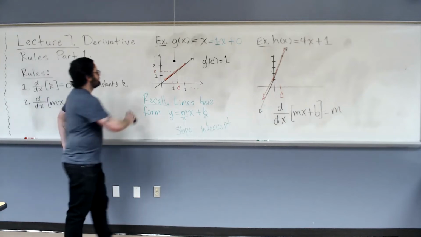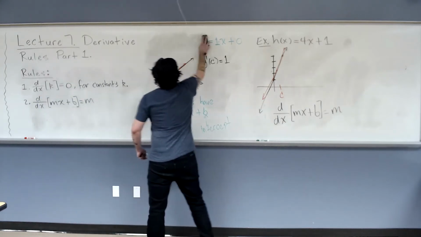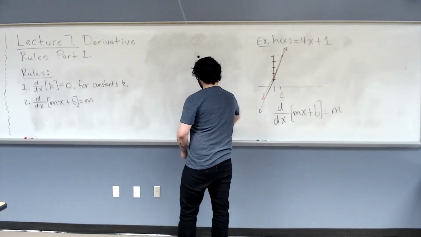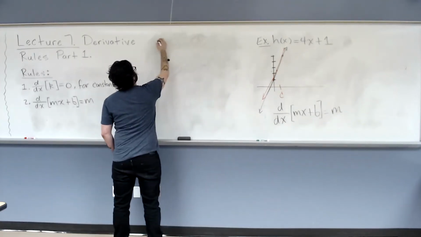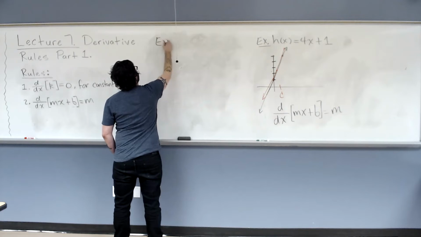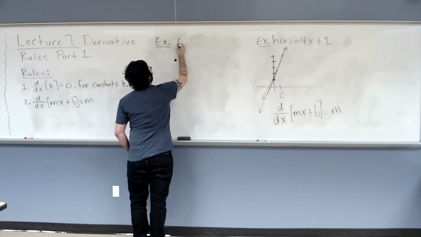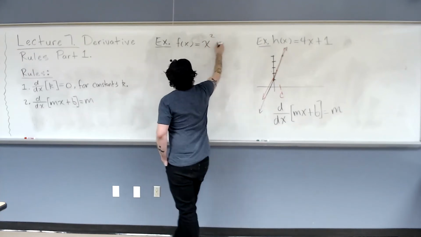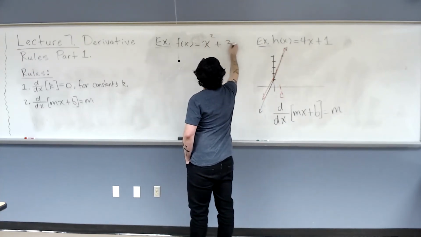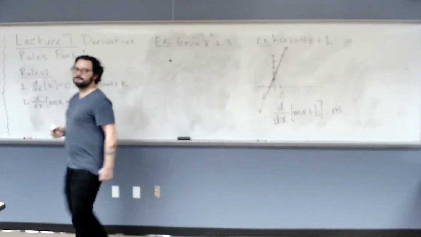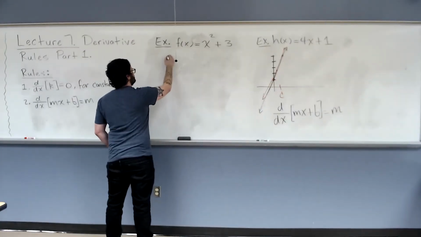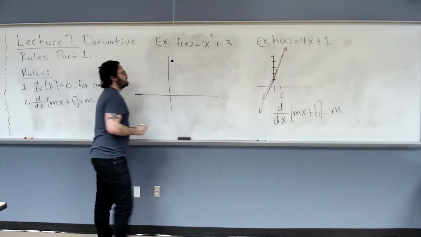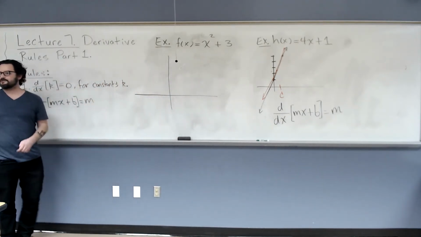Like, let's just consider another example, maybe f of x equals x squared plus 3 or something, right? Again, we all know what the parabola looks like, right? Y equals x squared.